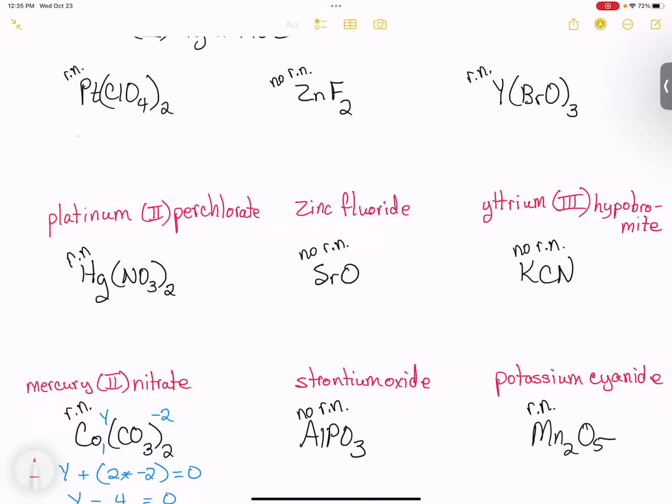If you don't have your polyatomic ions memorized, that's going to cut out 2/3 of the questions, most likely. So you have to have your polyatomics down.